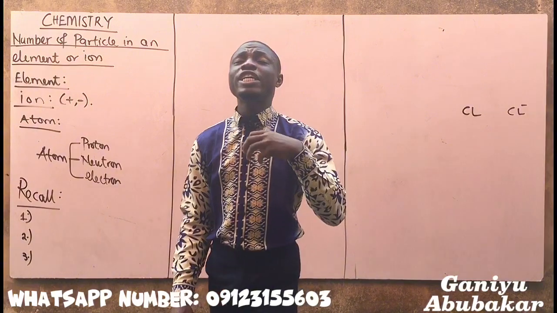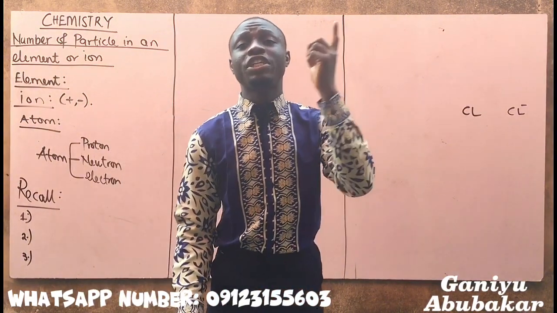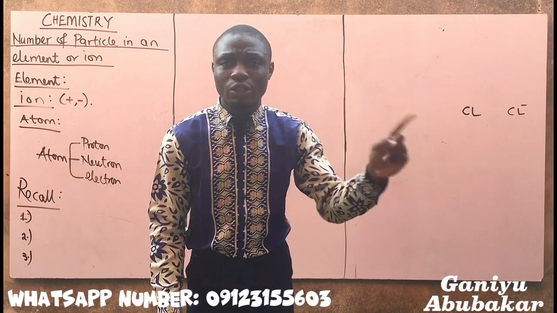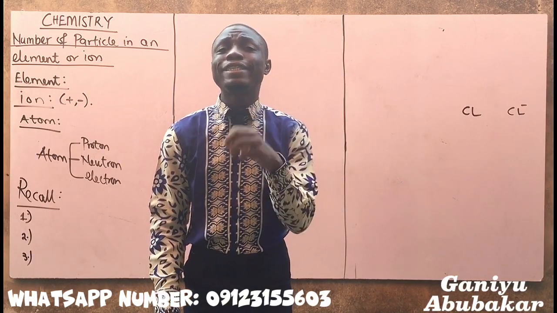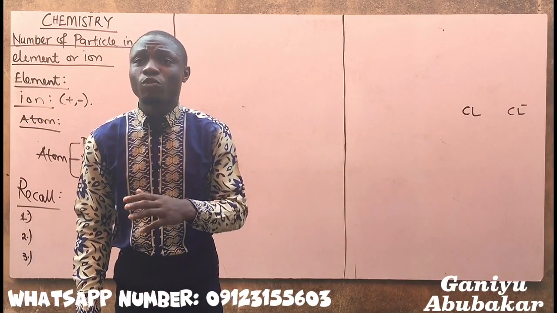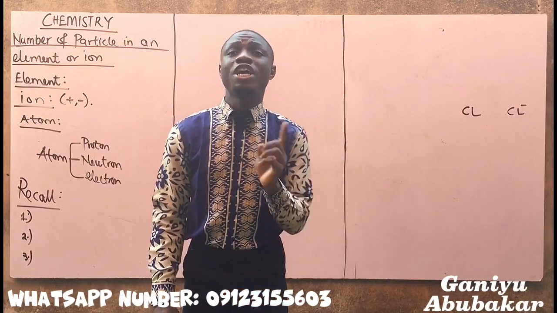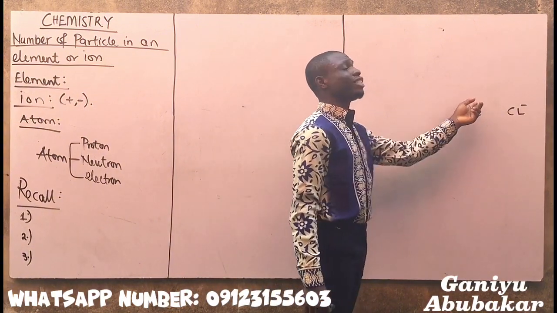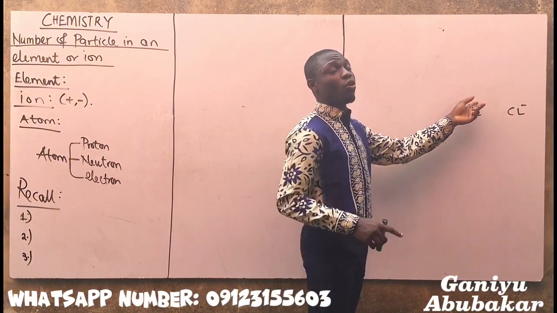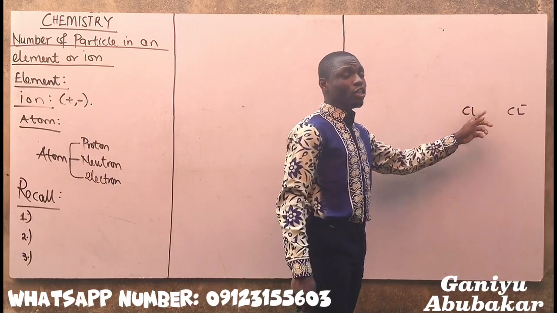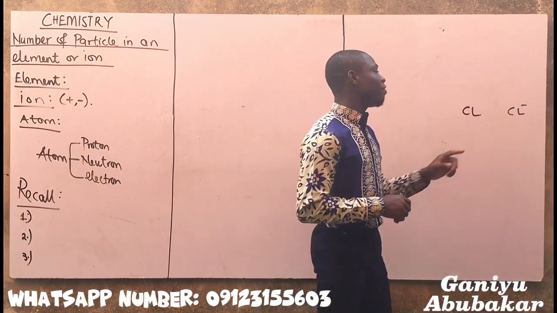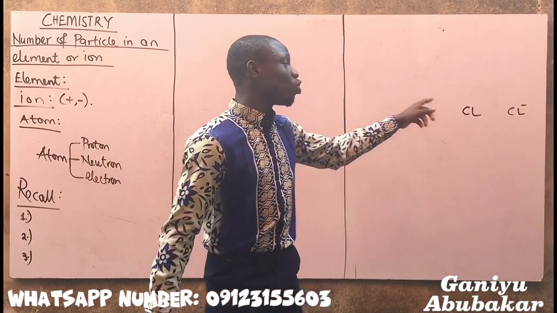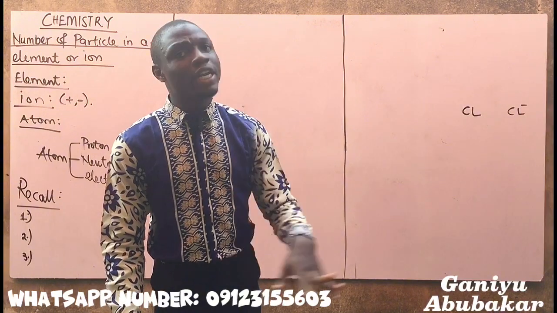So irrespective of whether the charge is positive or negative, so far as it is an ion, it is not a neutral atom. A neutral atom is simply an atom that does not have charge, either positive or negative. Chlorine here has nothing up there, neither plus nor minus, so it's a neutral atom. But chlorine minus is not a neutral atom, because it has gained one electron.